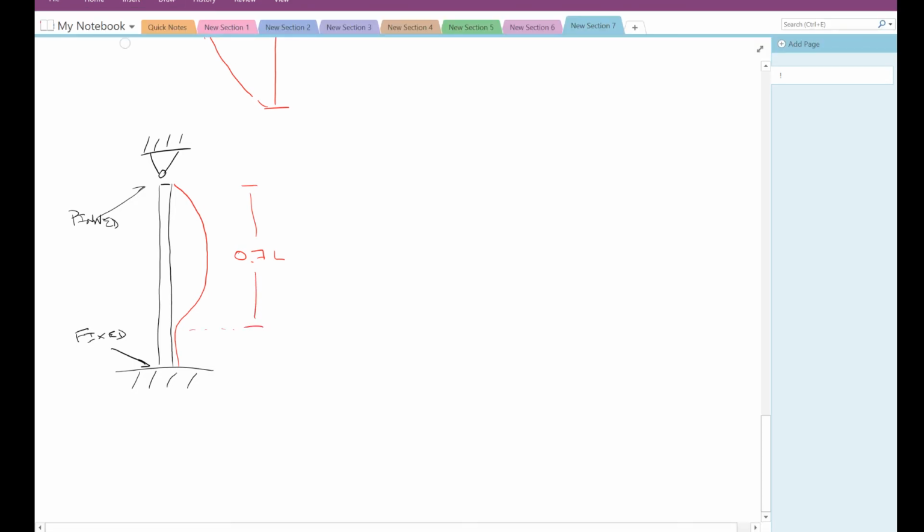Which I will draw in black here as L, like so. All right, so our theoretical K is equal to 0.7, and our practical, again being more conservative, is 0.8 K, right?